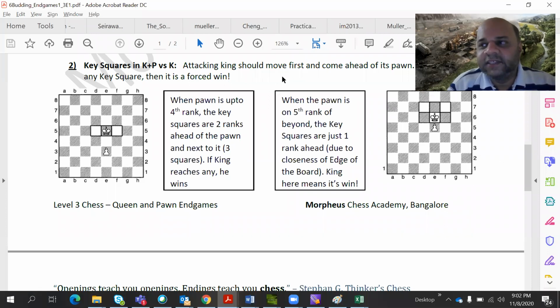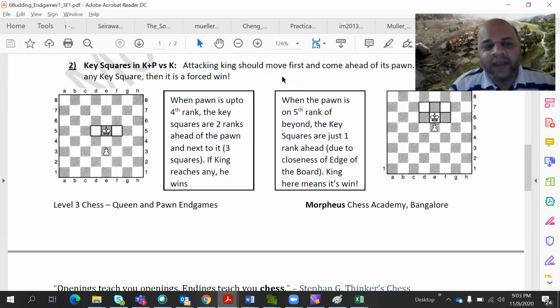First, this is building on top of what you have already learned in level two, which is the concept of opposition. If you are having just a king against the opponent's king and pawn, then if you hold the opposition, you have very good drawing chances. In fact, you can draw. The kings are directly facing each other.